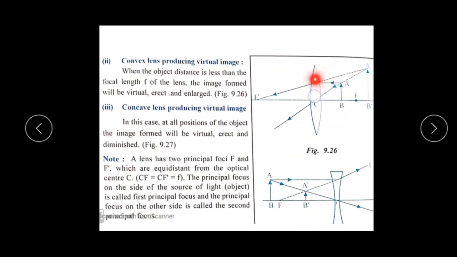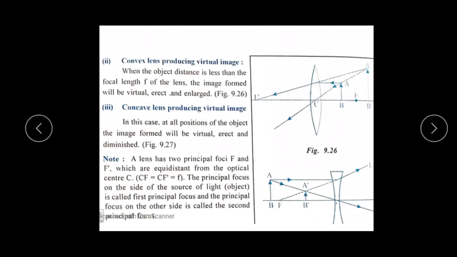One ray is parallel to the principal axis, another ray passes through the optical center, and after refraction this ray passes like this and this ray passes like this. If you reproduce these two lines, you will get the image here at A dash B dash. But this is not a real image, this is a virtual image which is formed when the object is present within the f. This is the second case.